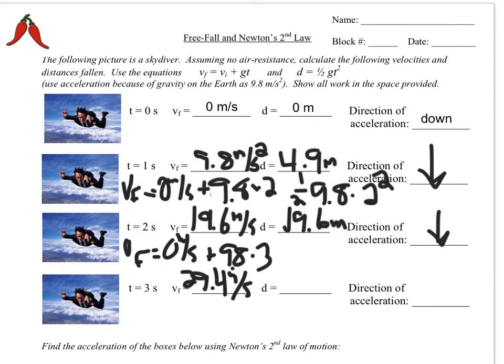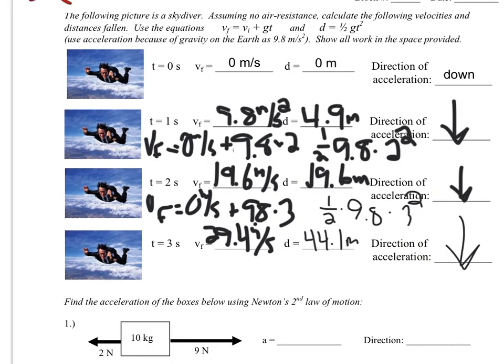Now if we switch over to solving the distance, we're using the same equation: distance is equal to 1/2 gt squared. So that is 1/2 times 9.8 times our time squared, which is 3 squared. We take 9 times 9.8 times 1/2, and we get an answer of 44.1 meters. And again, because the object is falling, the direction of its acceleration is still down.